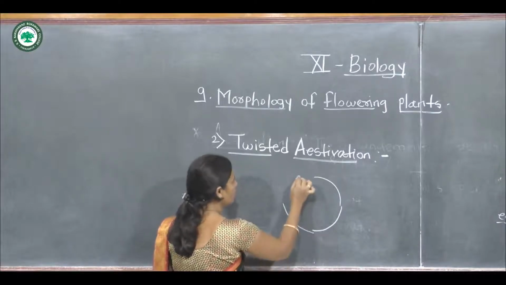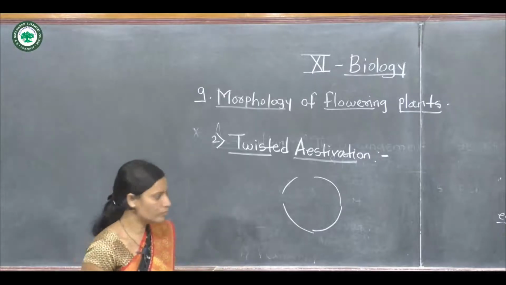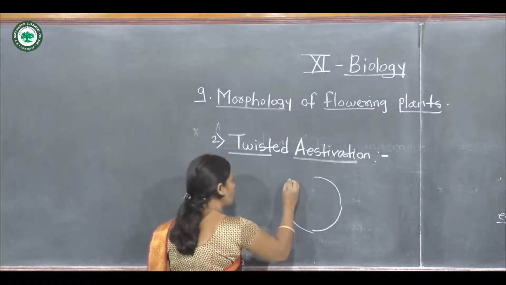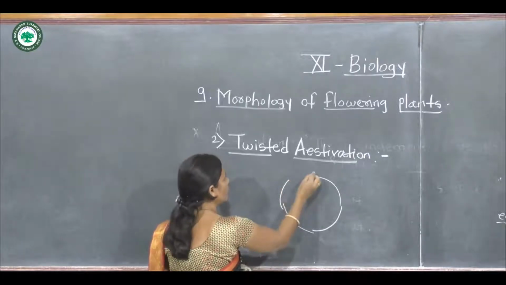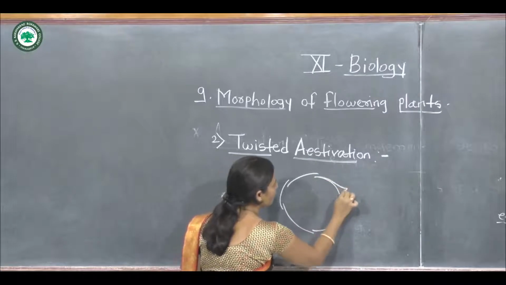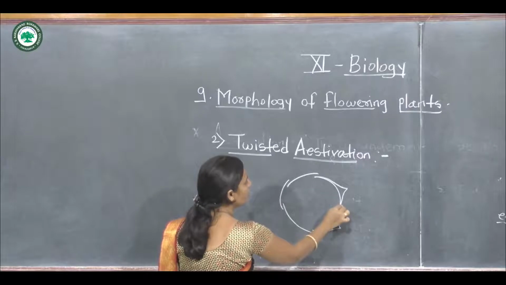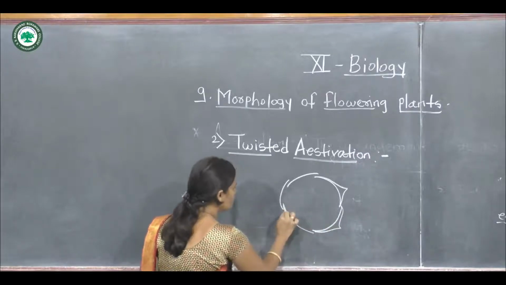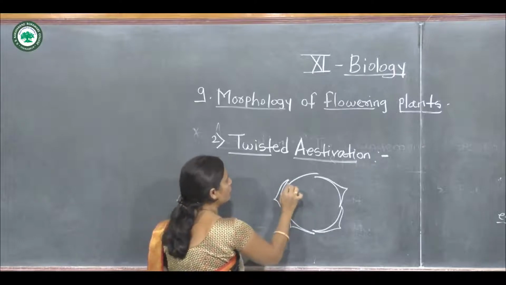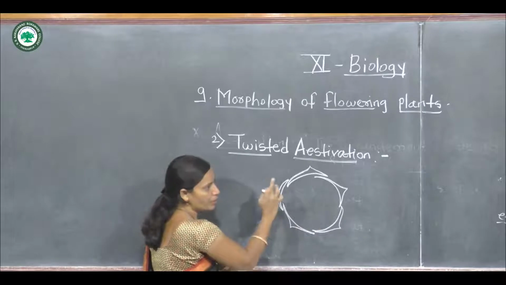These petals are overlapping with each other. One margin is overlapping the next. The petals of China rose overlap with each other.